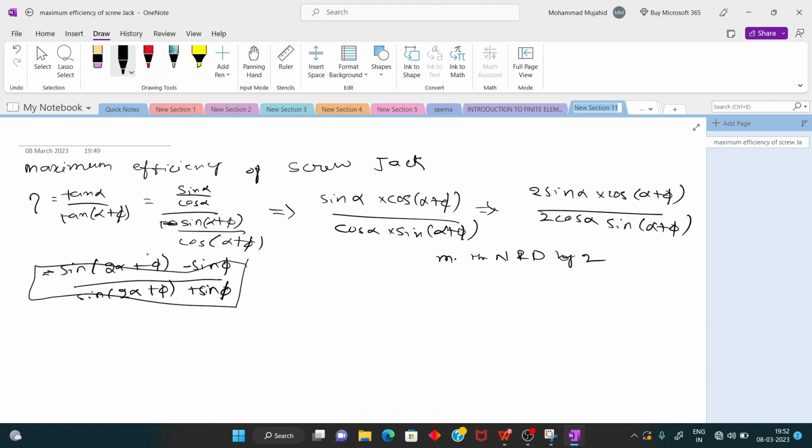The efficiency of this equation is going to be maximum when sine of 2 alpha plus phi will be maximum.